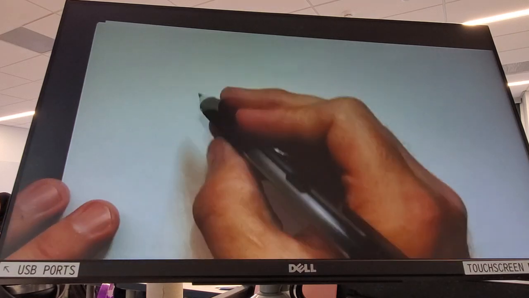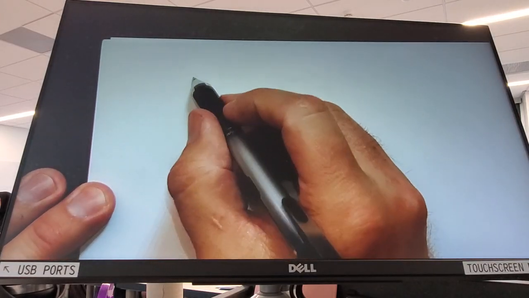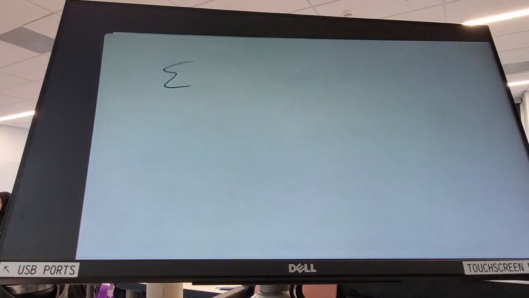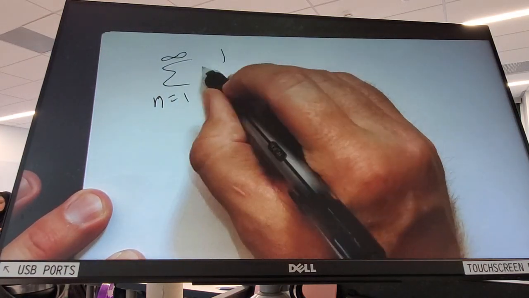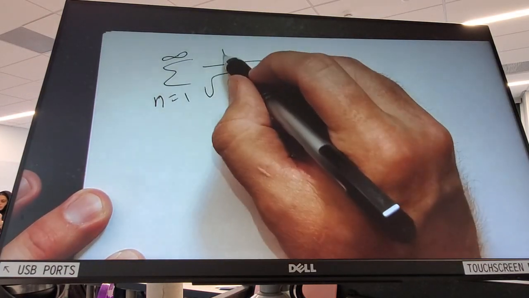Oh, I'm sorry. Somebody said for integral test, right? So let's do that, and then you got a question for homework. Do you guys understand? For example, if I want you to use the integral test, I could give you this.